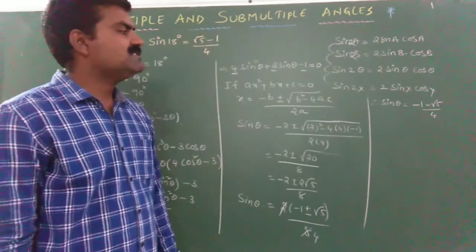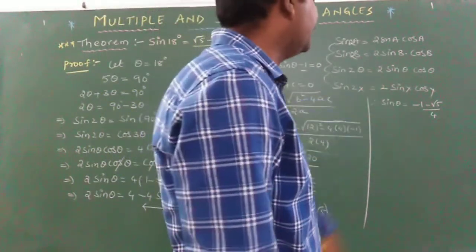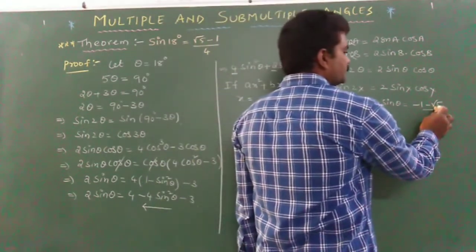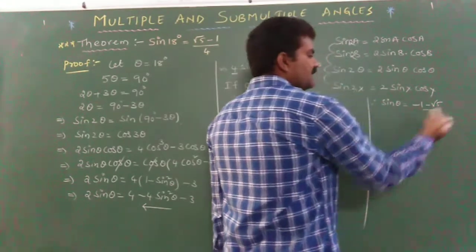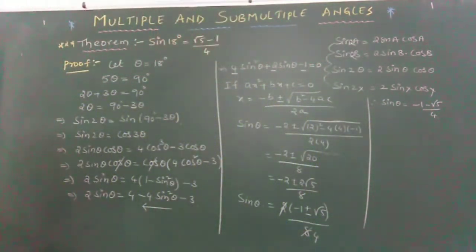Do you know, my dear, this is not in the range of sine. So minus root 5 is nothing but actually minus 2 point something, so minus 3 point something by 4.